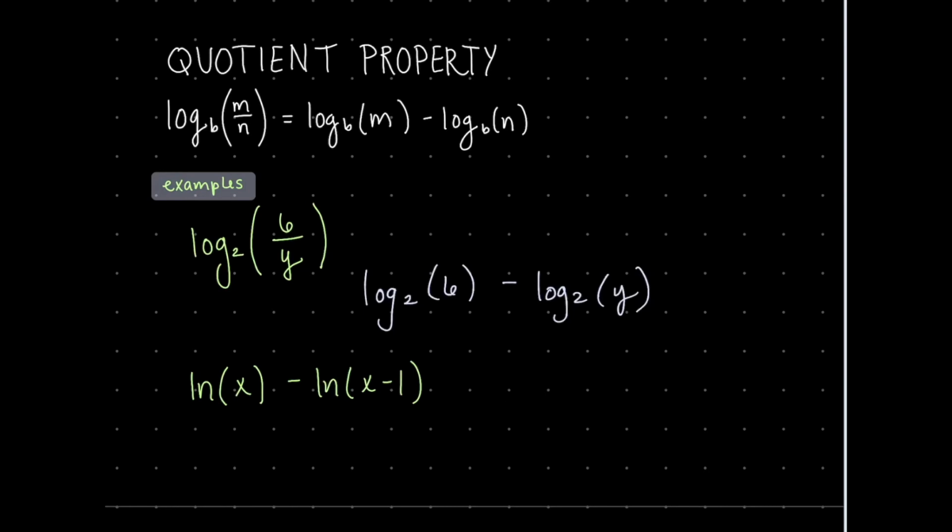I can take two logs with the same base that are being subtracted and condense them into a single log. So this is going to be natural log, which is log base e. We're going to take the first as the numerator, and the second one as the denominator. And that is our condensed version of the quotient property.